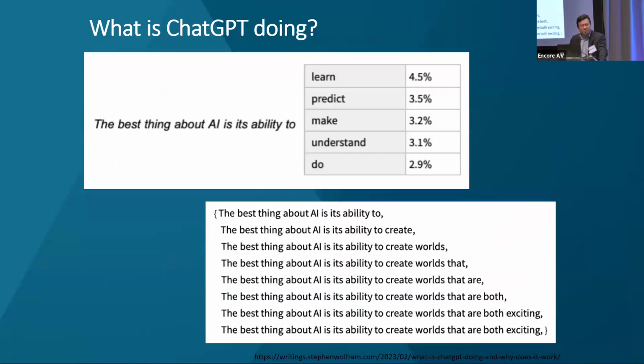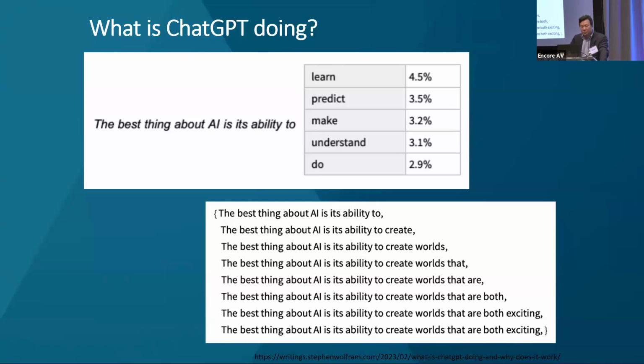ChatGPT is probably the most popular app using a large language model right now. And what is ChatGPT doing? Basically, your input is a sequence of words or tokens. Then ChatGPT predicts what the next word will be.